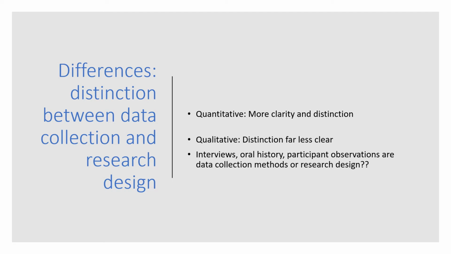We are very clear as to the research question and what kind of data we need to collect and how we are going to collect that data to answer that research question, whether it is surveys, whether it is an experiment, whether it's a mathematical equation or something like that. We know exactly what is it that is going to help us answer the research question. So the clarity is more between the design and the data collection method.